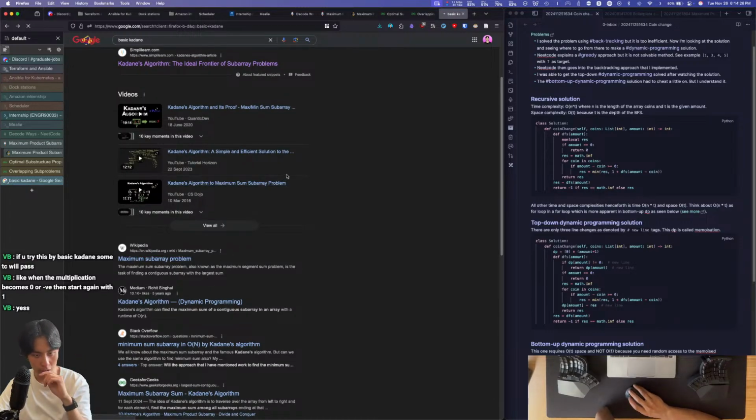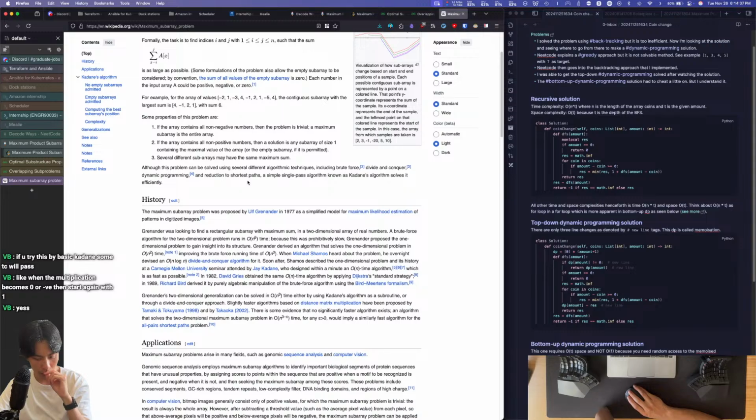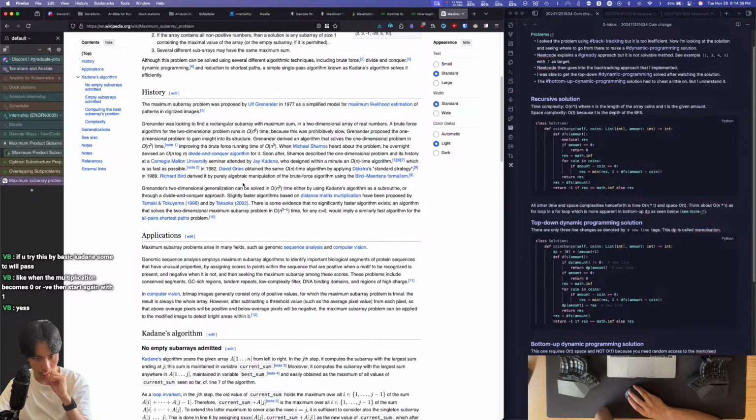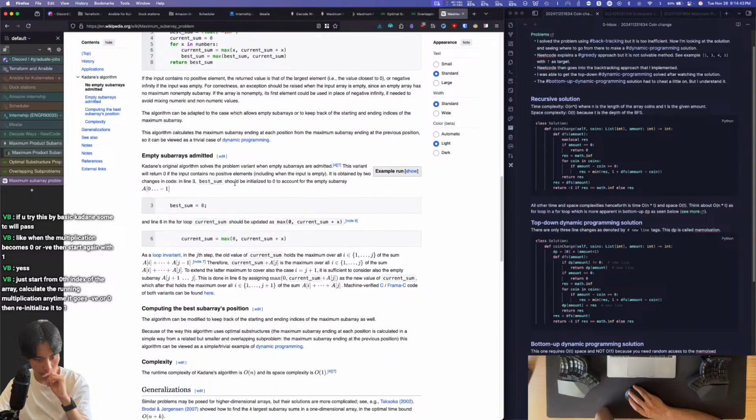I'm sure there's going to be a solution that Leetcode brings up that talks about Kadane's algorithm. Ooh. Just start from the 0th index of the array. Calculate the running multiplication, anytime it goes negative or 0, then reinitialize to 1.